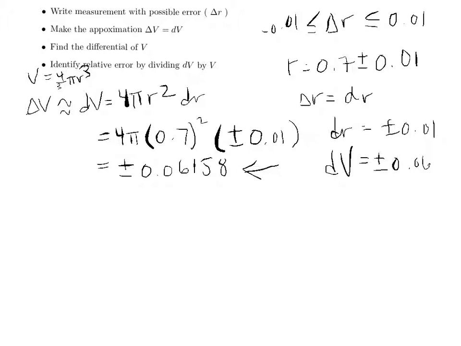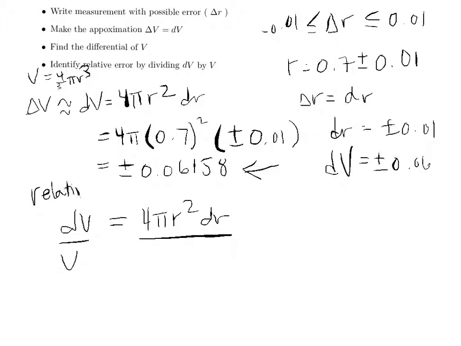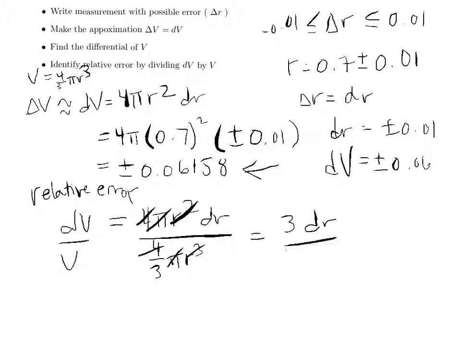So dV, just like we wrote above, is 4 pi r squared dr, and we divide by the volume to get relative error. Okay, so the volume, again, is 4/3 pi r cubed. Okay, so we see we got cancel, cancel, cancel, cancel. Okay, so we're left with 3 dr over r.